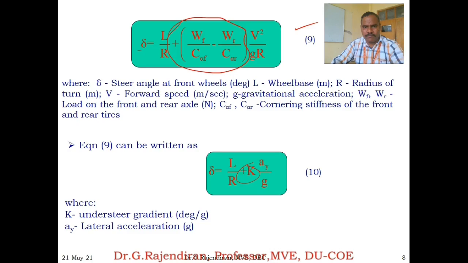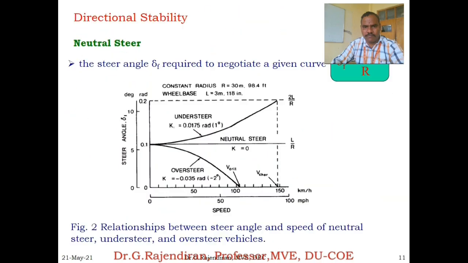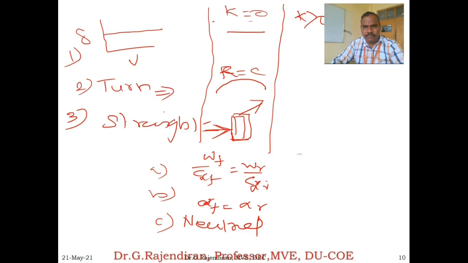You can see it here, this is the K value. So, case 1, WF divided by C alpha F is greater than WR divided by C alpha R, and alpha F is greater than alpha R.